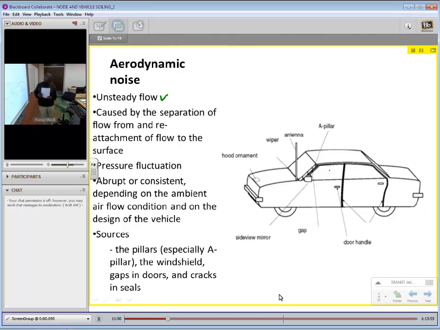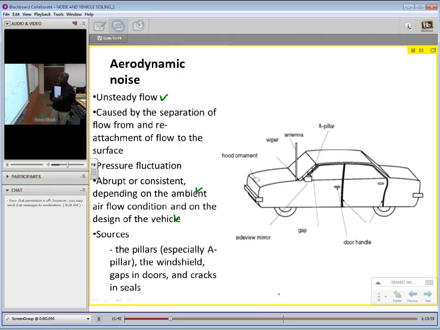When we talk about hearing the noise, we're talking about the passenger in the vehicle compartment, because that's the primary focus. A quality gauge vehicle body absorbs that noise, and so the person in the vehicle does not hear so much of it. So it depends on these factors, the ambient airflow condition and the design of the vehicle.